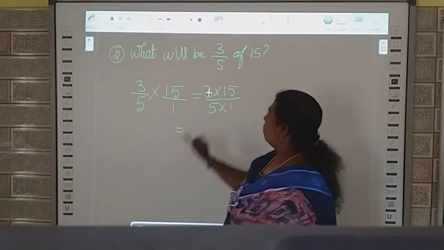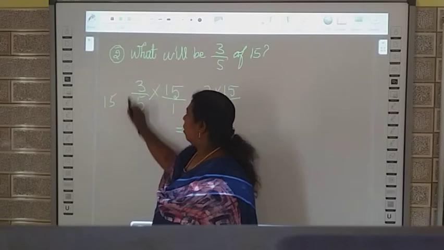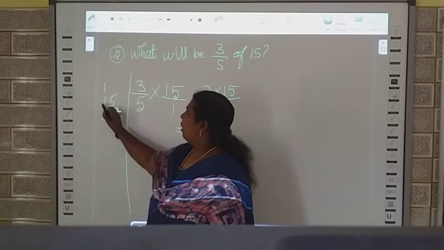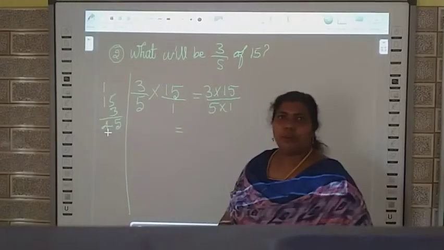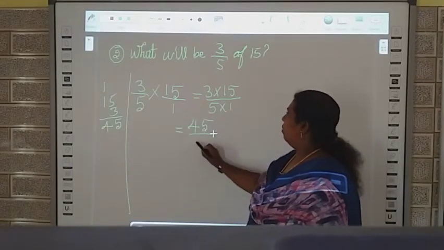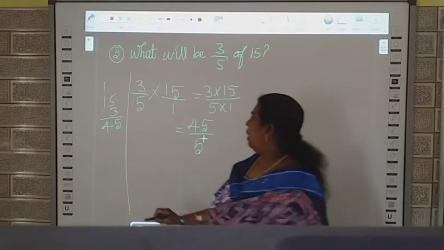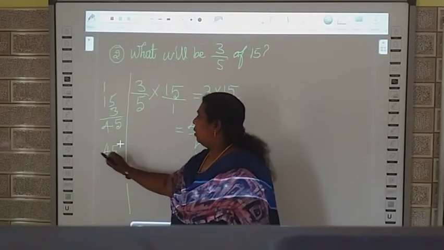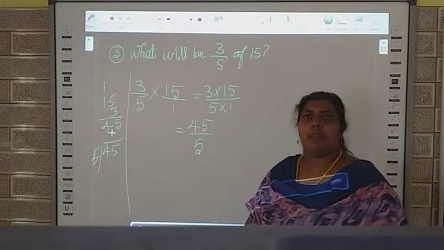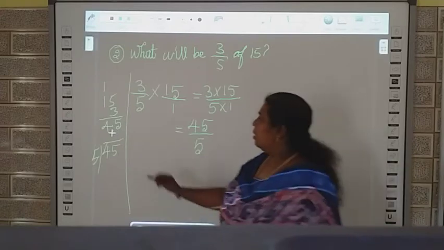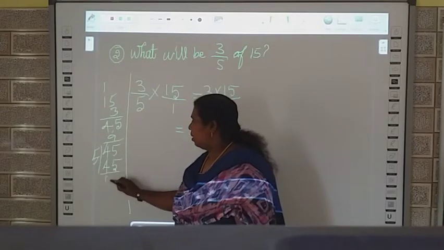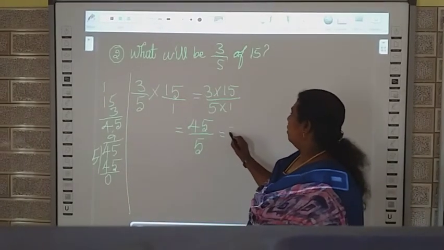Write it here, 3 times 15. 3 times 5 is 15. 1 3 is 3. 3 plus 1 is 4. Isn't it? 45. 45 divided by 5. How can we do 45 divided by 5? Fifth table, 9 times will come, right? Yes, 9 times 5 is 45. So the answer is 9.